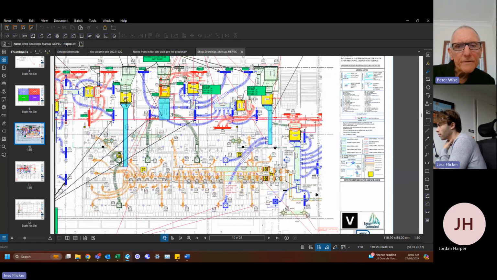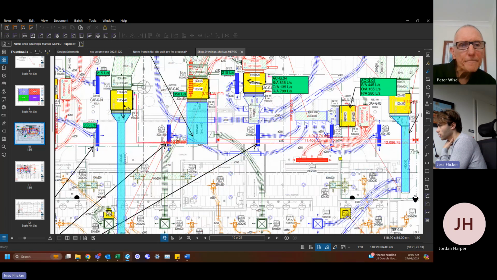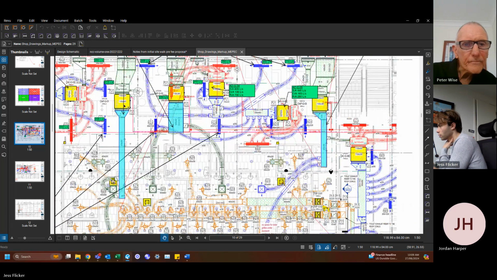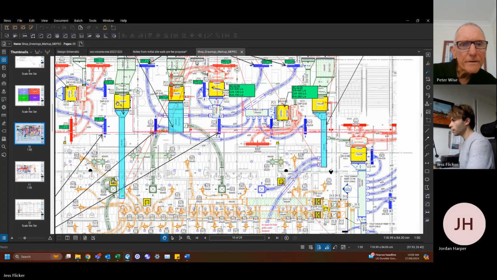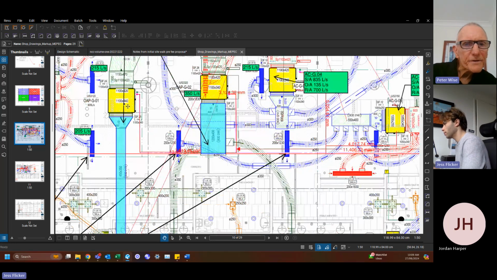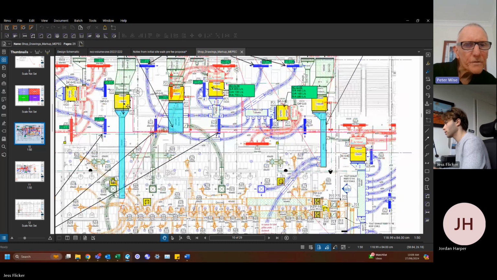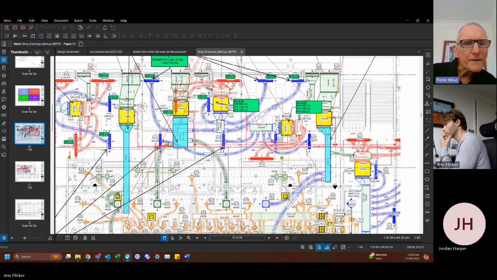It looks like here they've got a unit preconditioning it. I don't know if there is an ERV. It looks like this is some sort of air conditioning coil unit. Fan coil unit, is it? Oh, okay. Well, that's operating on full outside air though.